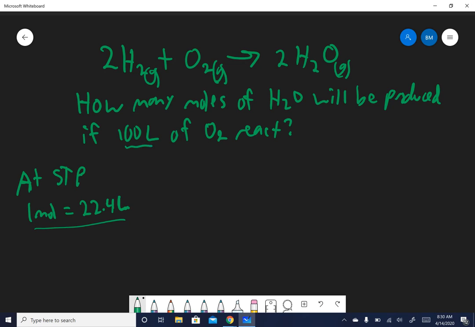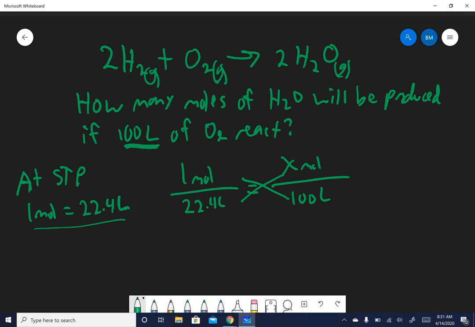So if I give you 100 liters of oxygen, before you do the 1-to-2 ratio and figure out how many moles you're going to make, you have to first convert this to moles of oxygen. So I'm just going to rewrite this the way we've been doing proportions. If 1 mole is 22.4 liters, then how many moles are 100 liters? So if we have 100 liters of oxygen, how many moles of oxygen is that?